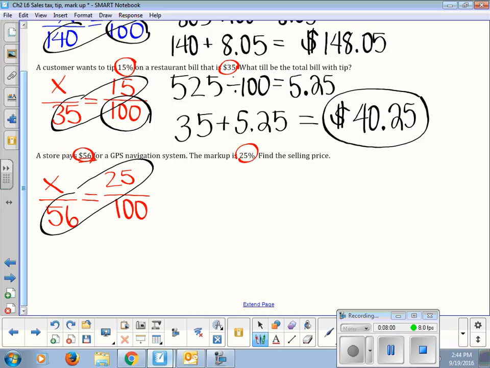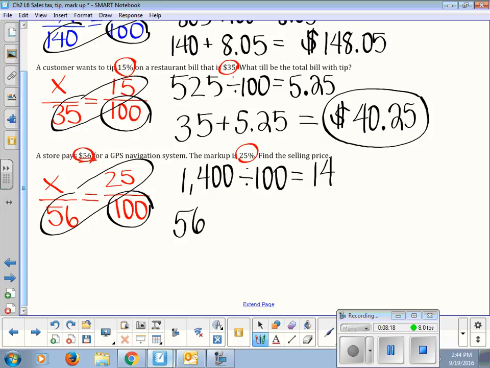56 times 25 gives us 1,400, and we do what with our leftover number? Divide. And when we divide these two numbers, we get 14. What is our next step here? Add. We have to add that to what? 56. The store paid $56 for it, but they're marking it up an extra $14.